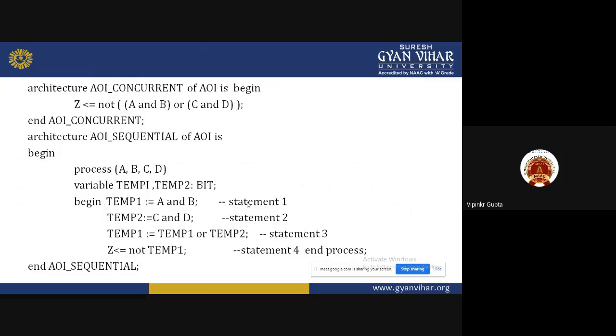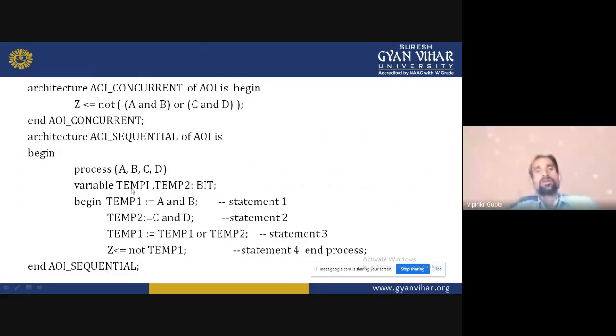Temp1 is equal to A and B. In the previous example we were doing structural modeling, but here we can use the temporary variables that we need. Temp1 has A and B, temp2 has C and D, and then temp1 or temp2. Then we get Z: Z is not of temp1 or temp2. End of sequential statement.